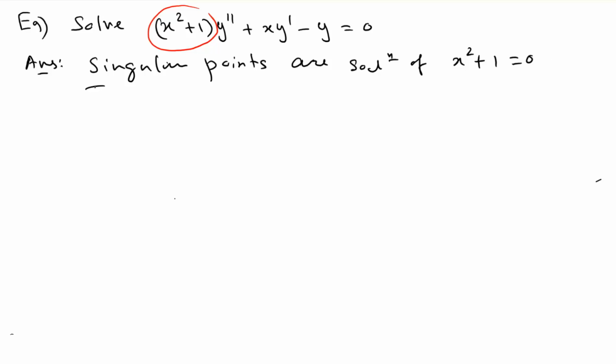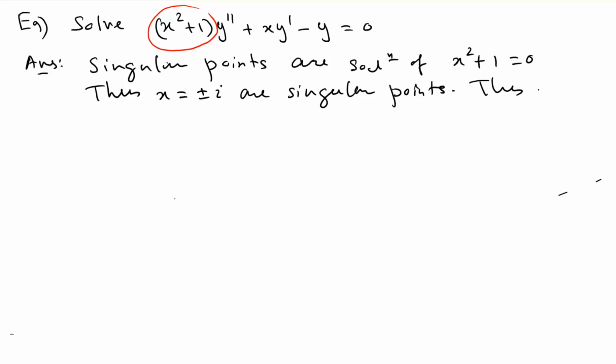Thus x equals plus or minus i are singular points. You know that those are all complex. So that means any other point is an ordinary point.